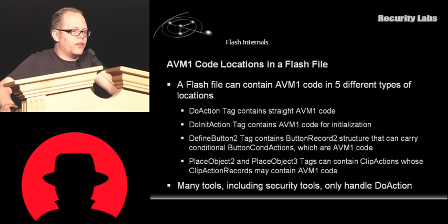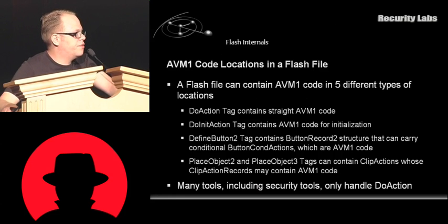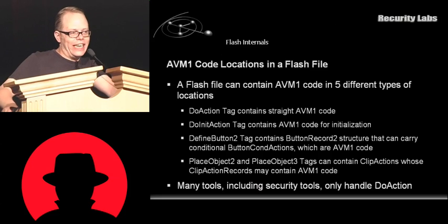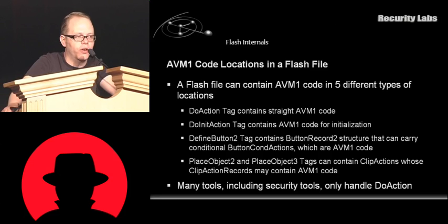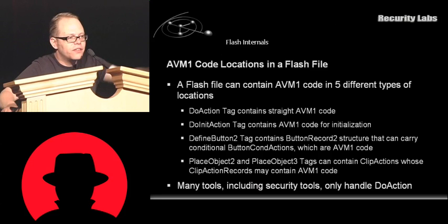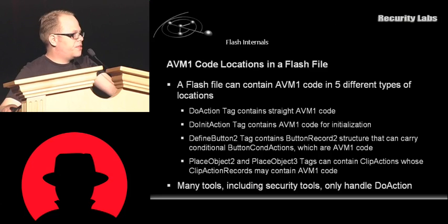But there is also other strange cases like the DefineButton2 tag, which contains a ButtonRecord2 structure that can carry additional button condition actions, which then carry AVM1 code. So you have a data structure with a data structure with a data structure with a little bit of code. The same also holds true for PlaceObject2 and PlaceObject3 tags.